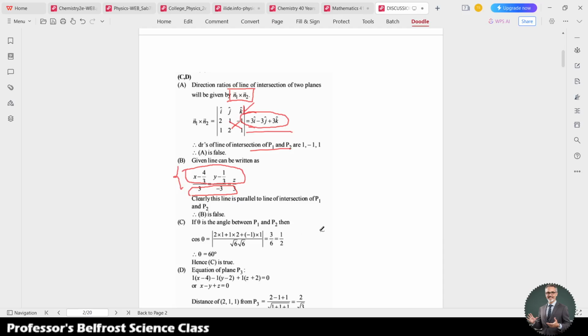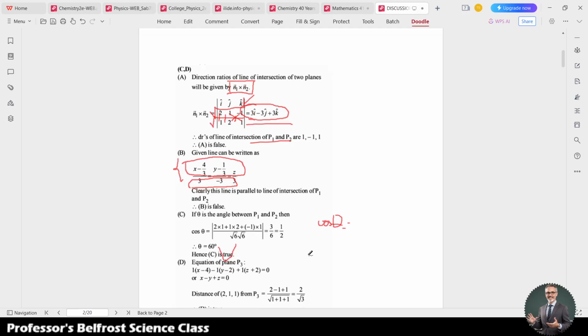You need to know this formula: cos theta equals the product of these plus the product of these plus the product of these, divided by the square root of their respective lengths, as shown in this calculation. So cos theta equals half, so theta equals the arc cosine of half, which is 60 degrees. So again, C is true.